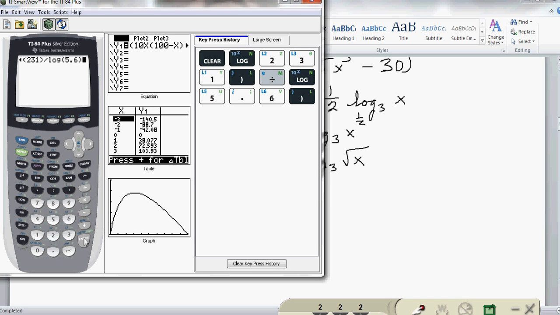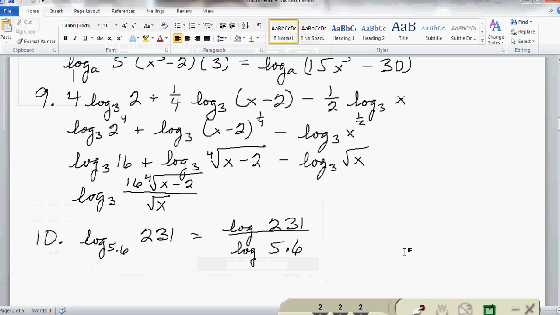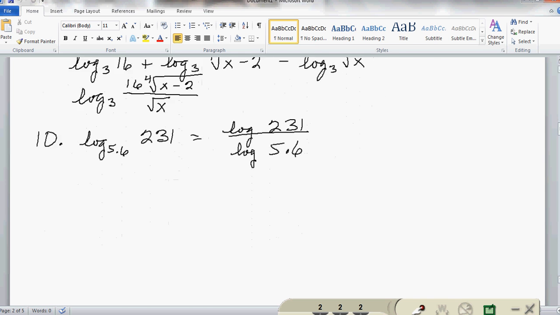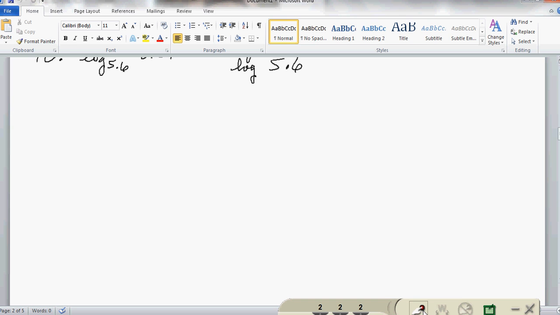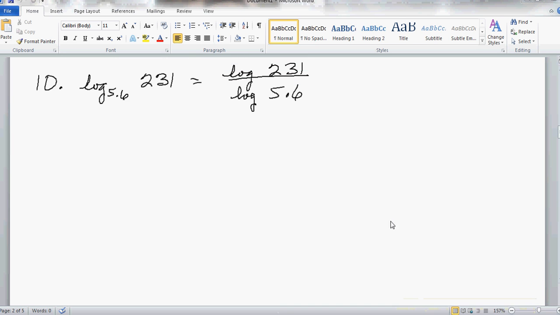Close that out, and then hit enter, and I see that's 3.1591, but we only have to round to 3 decimal places, so it's 3.159. Back up to here where I need to be. So this equals approximately 3.159.